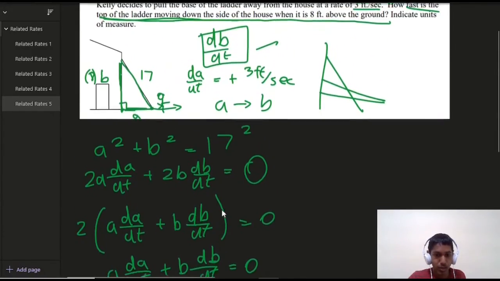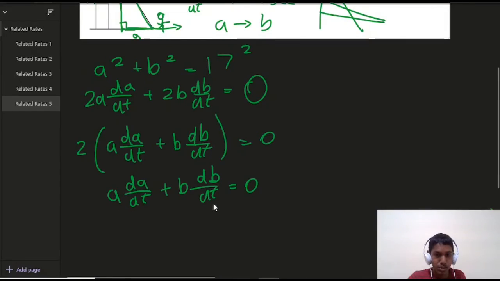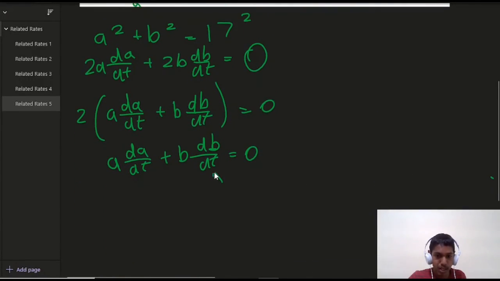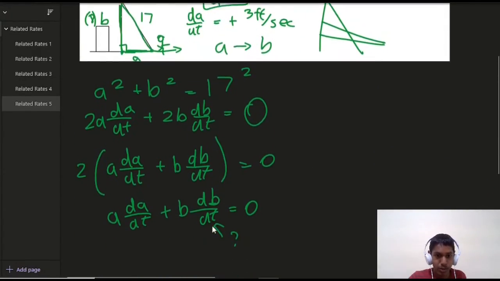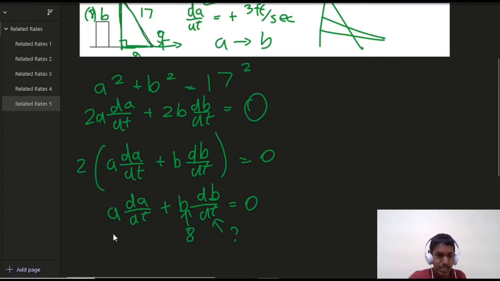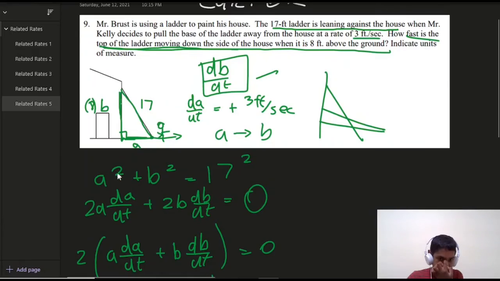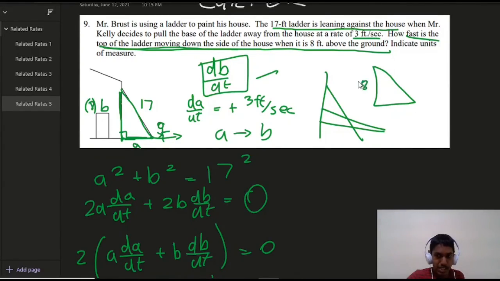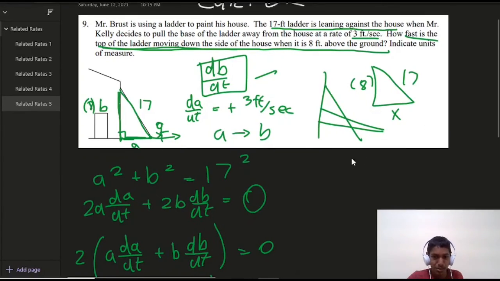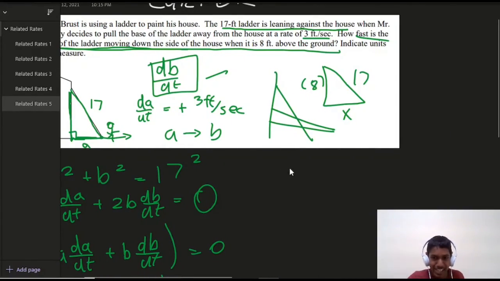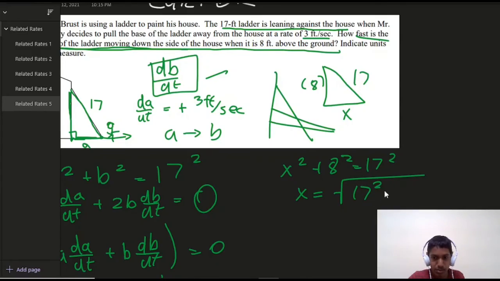Okay, cool. So now what do we need? dB/dt is what we're looking for. We know what B is at that moment. It's 8. We don't know what A is, but maybe we can find out. We have two sides, an 8 and a 17, and we're looking for this side x. So we're going to use the Pythagorean theorem again. x squared plus 8 squared is 17 squared. x is the square root of 17 squared minus 8 squared.